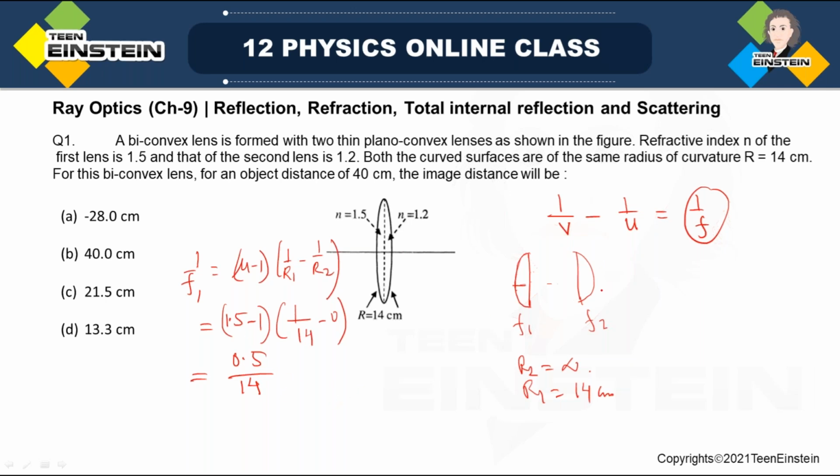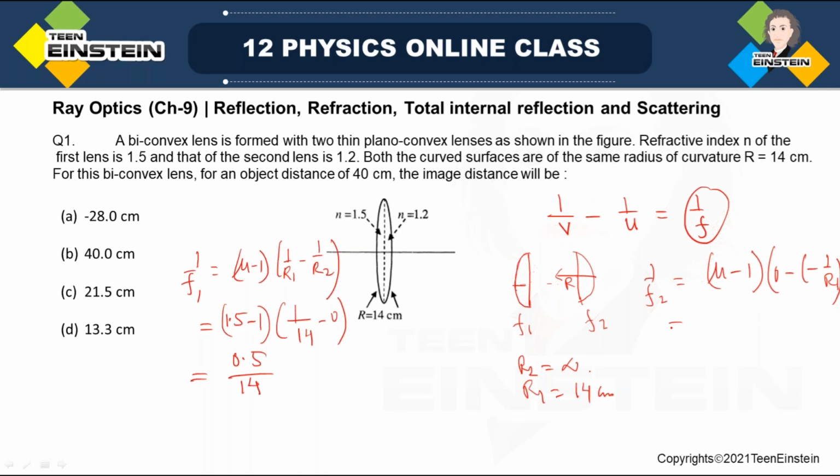And for this, say 1 over f2, similarly it will be mu minus 1, and see here, this is r2, so here the curved surface is this way, right? So this is r1 in this case, so r1 has a minus sign over here.